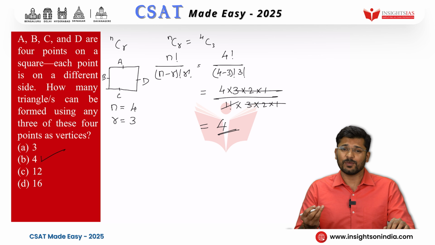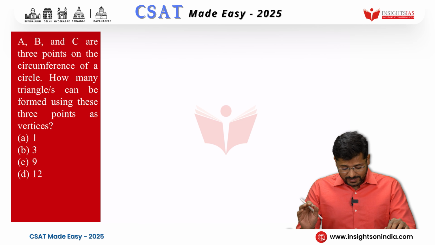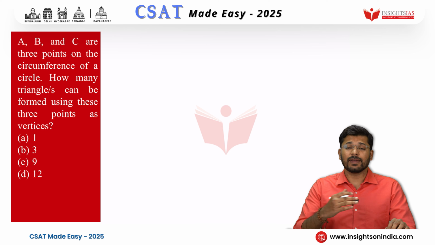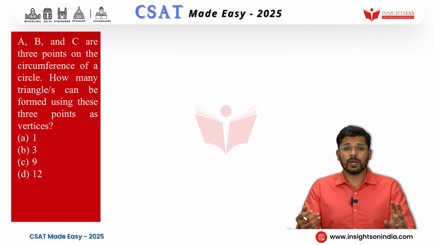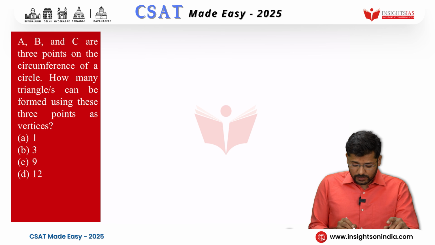That would also be a very basic question. A, B and C are 3 points on the circumference of a circle. How many triangles can be formed using these 3 points as vertices? Okay, in the previous problem, they had talked about a square. Now they are talking about a circle. And in this circle, how many points are there that we need to take account of?